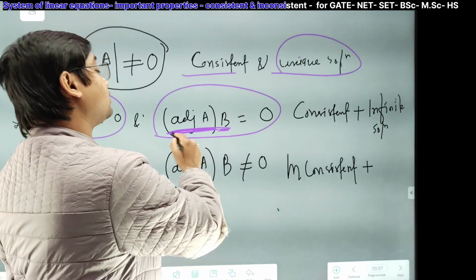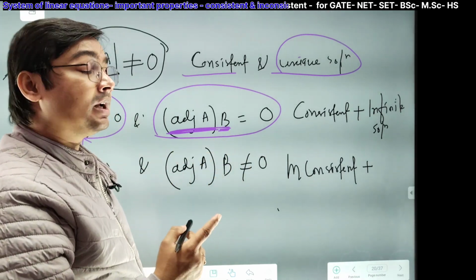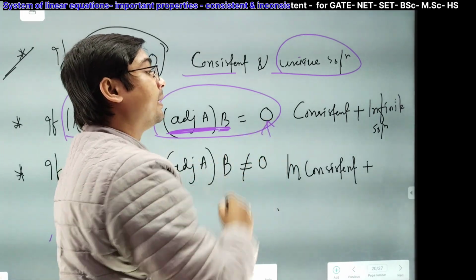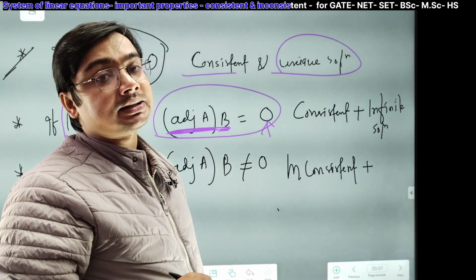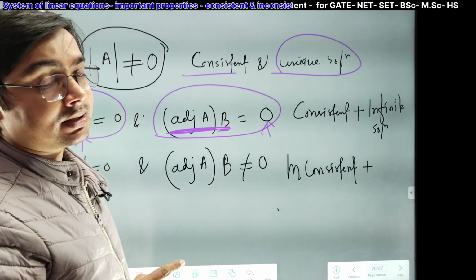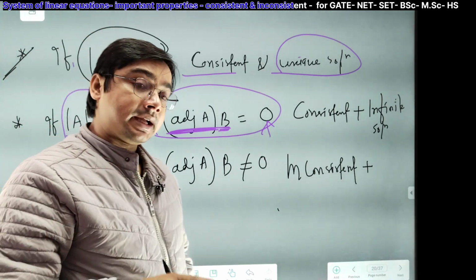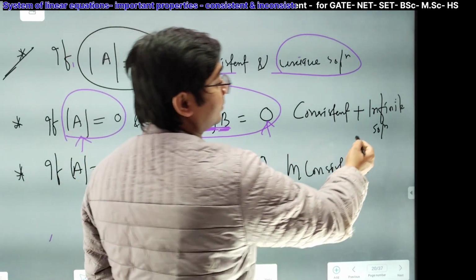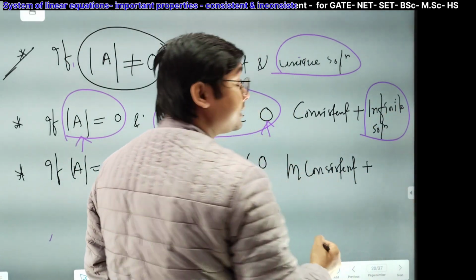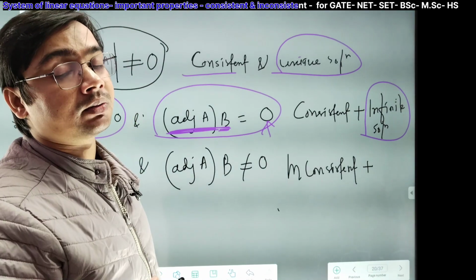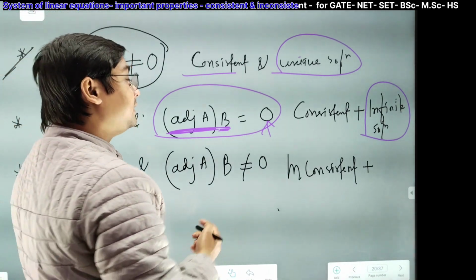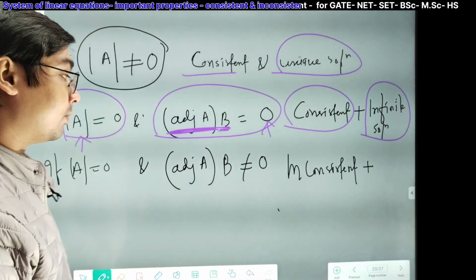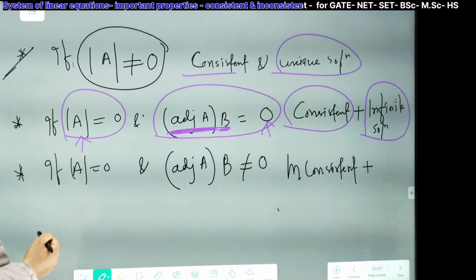If you multiply these two matrices and you get a zero matrix, then the system is called consistent. That means the system will have a solution, but that solution will be infinite. How many solutions will exist here? Infinite solutions will exist, and in this case the system will be consistent. So you remember this condition also.